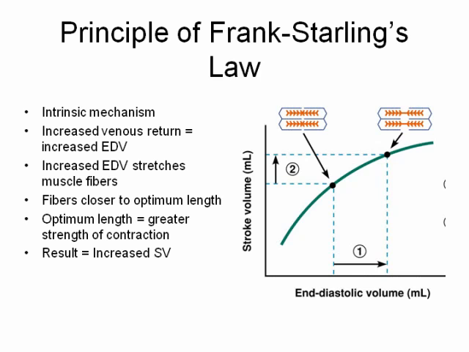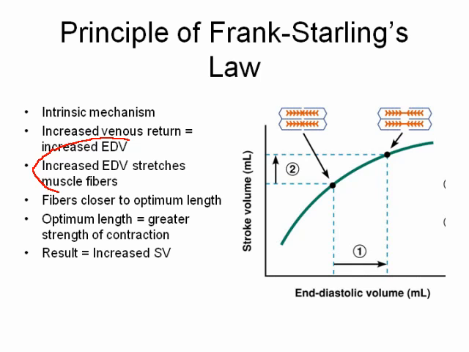But again, there is an optimum length in skeletal muscle, so there is an optimum volume in cardiac function. If we stretch it too much, the tension starts dropping off. If we contract it too much, the tension starts dropping off. So we actually want to be right here in this optimum range. So increased venous return, that is increased blood flow into the ventricle, is going to increase stroke volume up to a certain point. This curve is going to flatten out very quickly beyond what's shown in this curve.